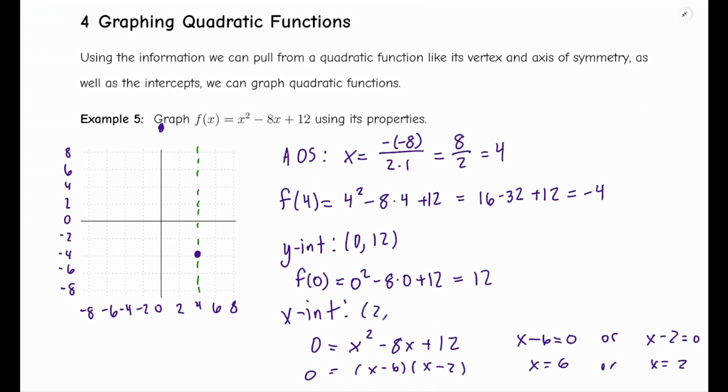So our x-intercepts are (2, 0) and (6, 0). And there's our parabola. And that's the end of section 9.6.